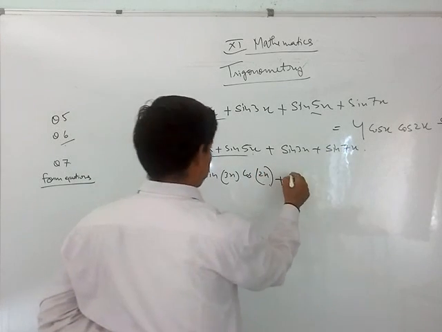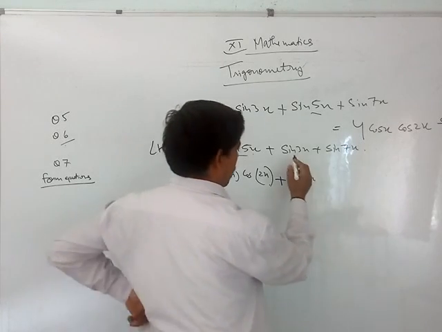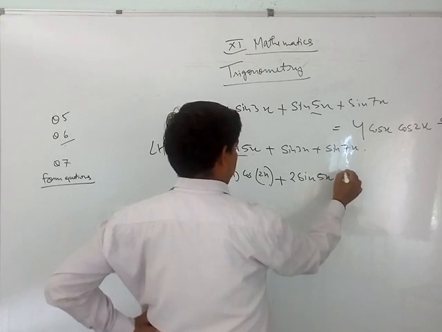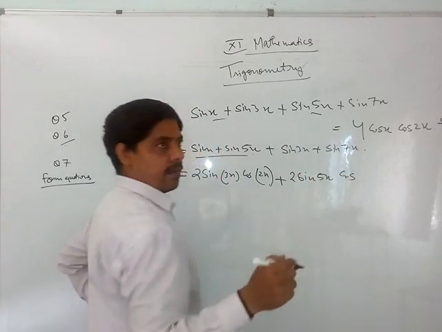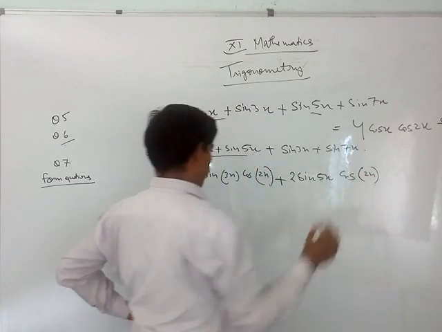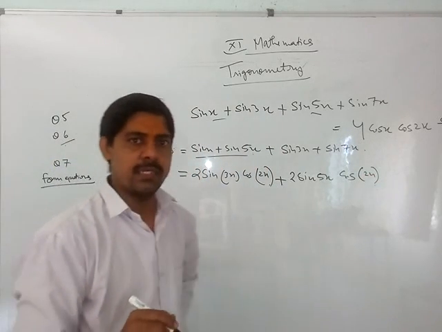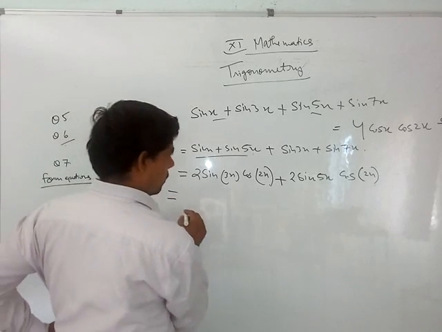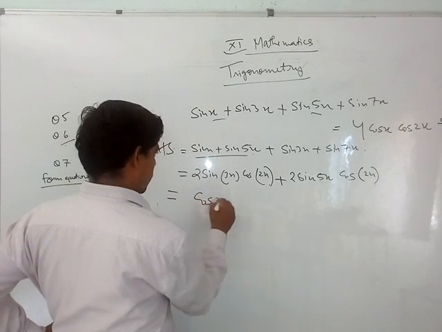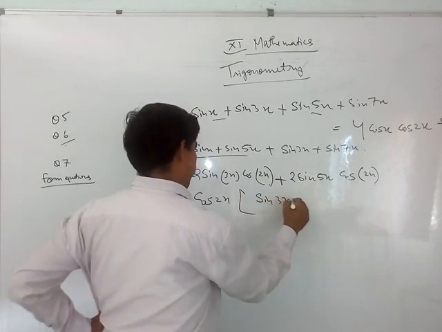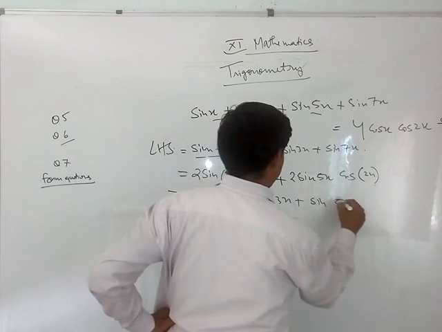For 7x plus 3x, divided by 2 is 5x, cos of (7x minus 3x)/2, that is 2x. So we can take common 2 cos 2x, and we get sin 3x plus sin 5x.